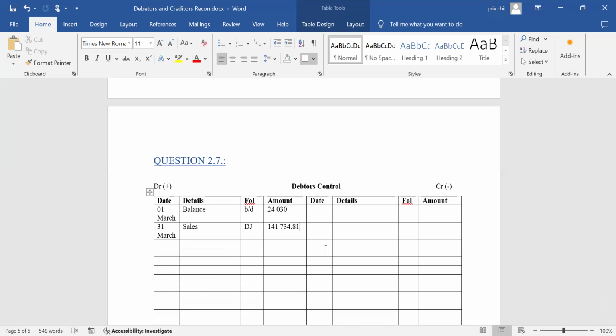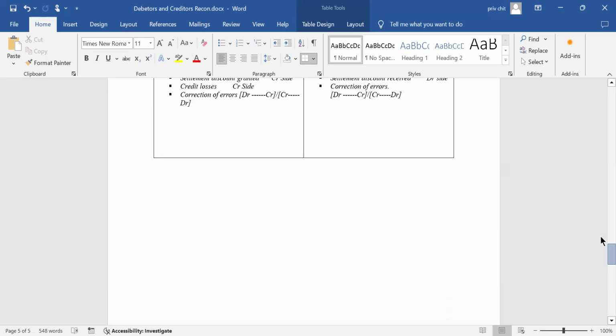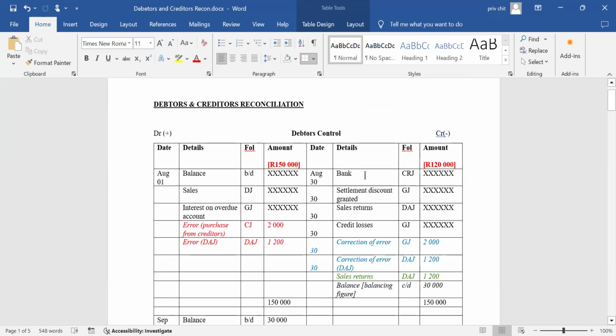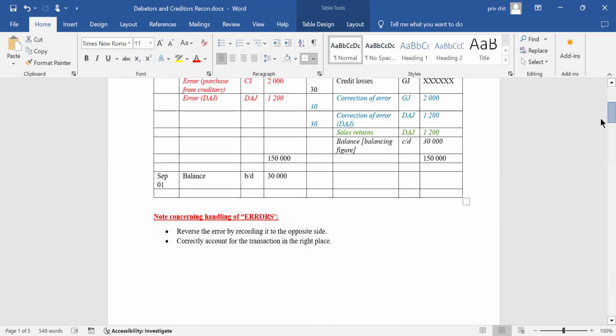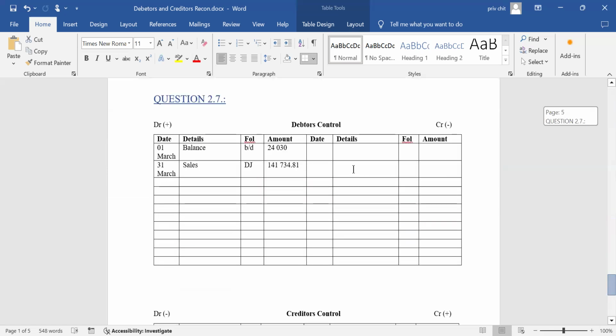Decrease. It decreases the debtors control. So it is this particular one here. Does it make sense? Bank, cash receipts journal, and then you put in the figure. Right. So that's what you go and put over here.